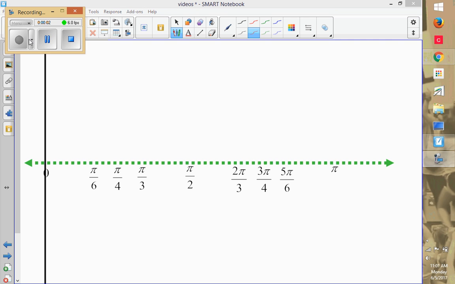Let's look at how we would graph the sine of x, the sine of an angle, theta, x, whatever we want to call it. So let's think about the values for the sine of an angle.